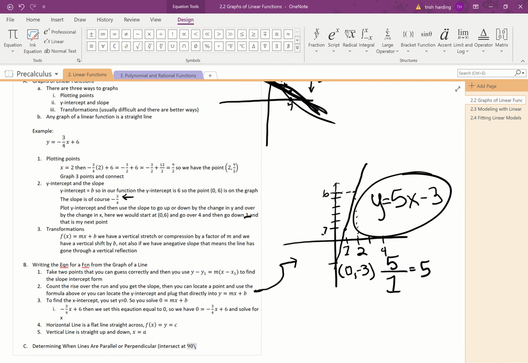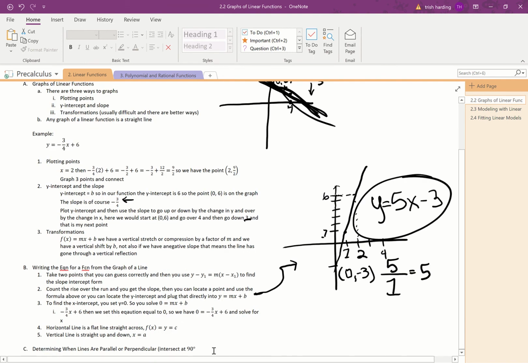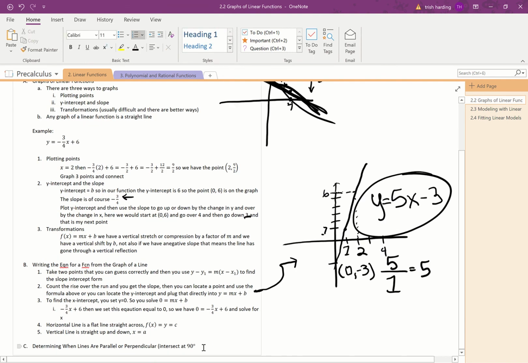Let me insert a degree thing. Usually that's the shortcut for degrees. So 90 degrees. And it has to be at a right angle, or else it's not technically perpendicular. I mean, it's intersecting, but it's not perpendicular.